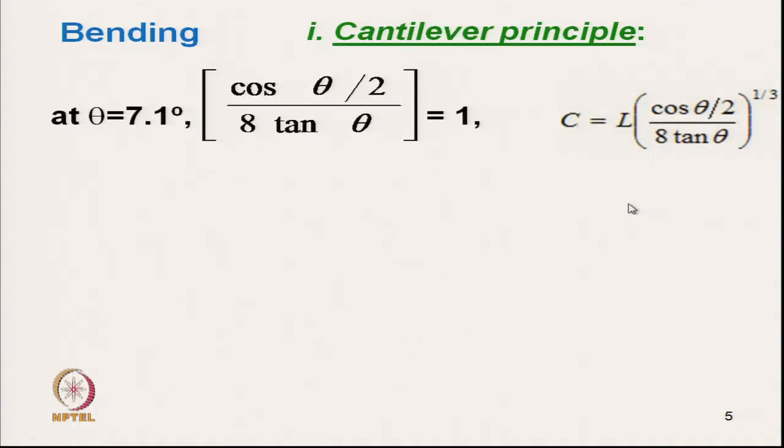And from this empirical formula, for theta equal to 7.1 degree, the right hand side parameter becomes 1, which means that the overhanging length is equal to the bending length for theta equal to 7.1 degree.